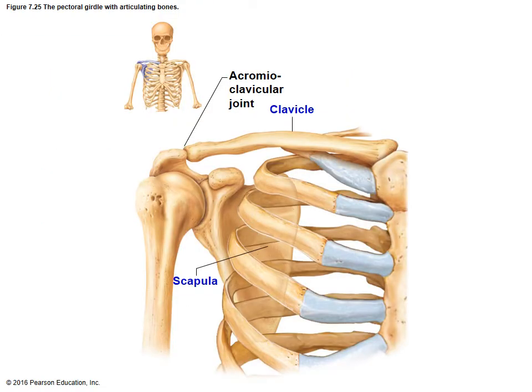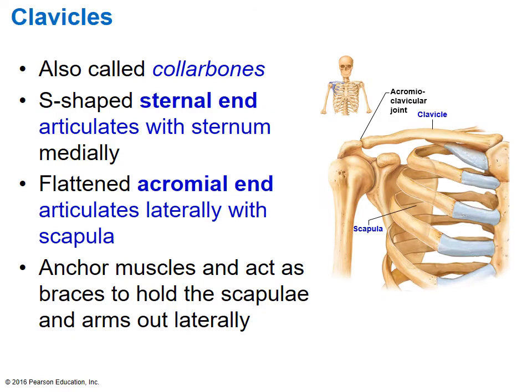So here is a look at your pectoral girdle, and what I've done for you on this illustration is highlight the clavicle and the scapula. Okay, so let's take a look at the clavicle in a little bit of detail. Looking at my study guide, it says that for my clavicle, I need to be able to describe that the location is the collarbone.